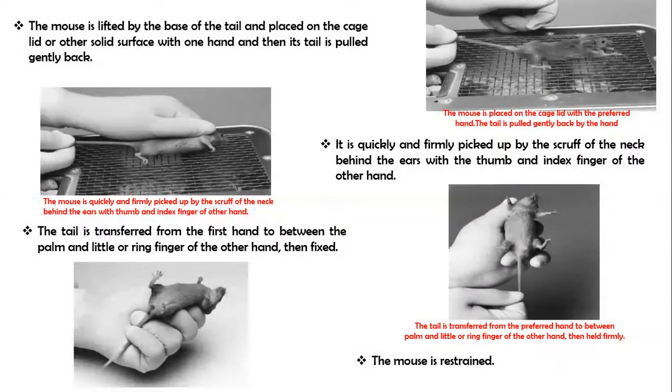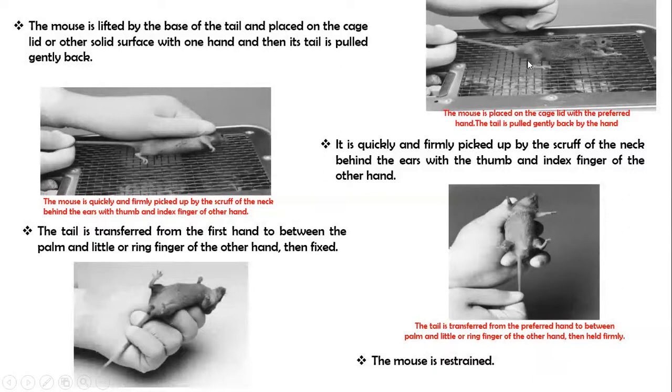Firstly, the mouse is lifted by the base of the tail and placed on the cage lid or another solid surface with one hand, and then its tail is pulled gently back. Now see in the diagram, here are the mice which are placed on the cage lid.